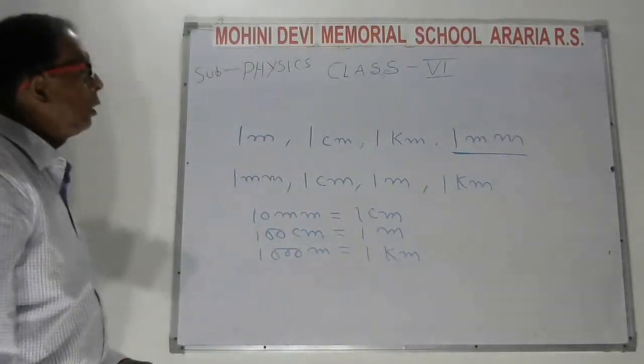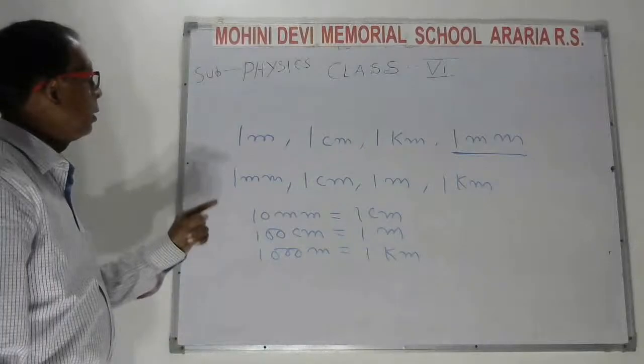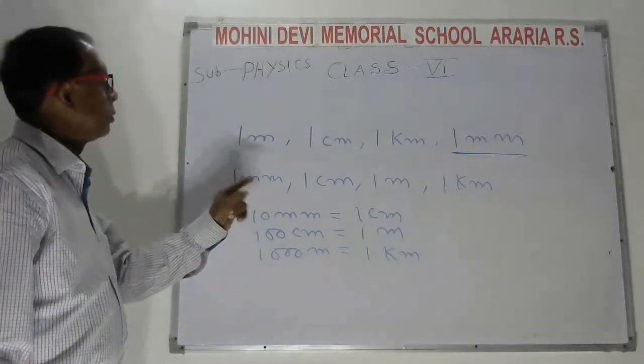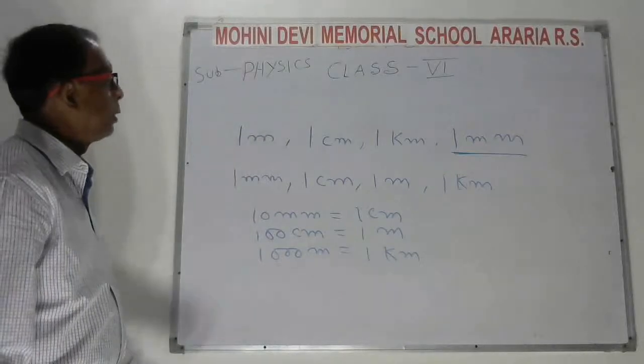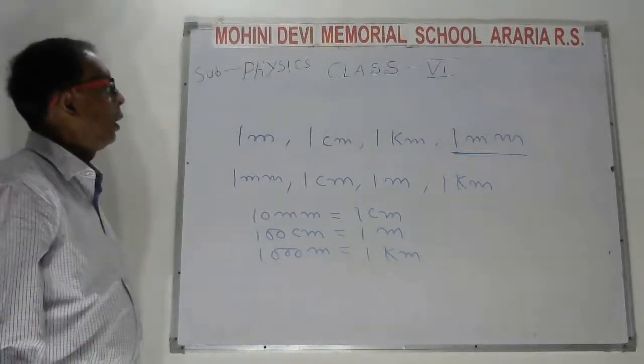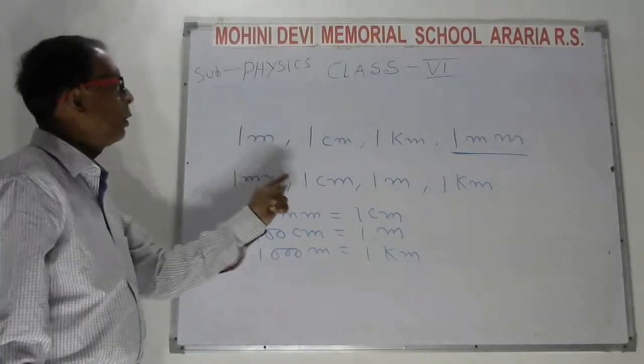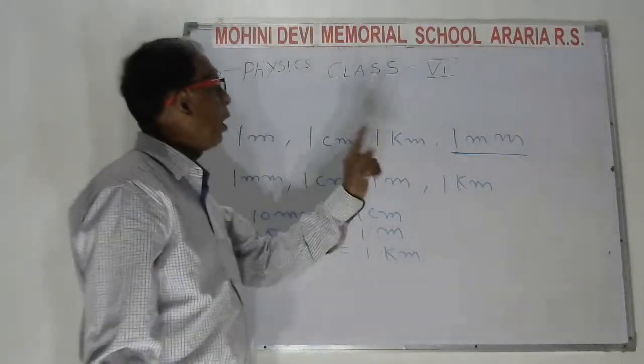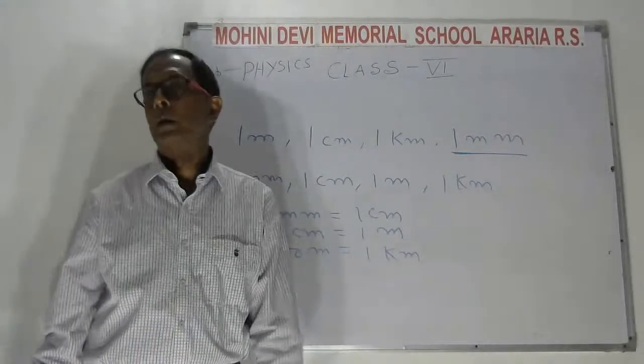Due to this reason, I have written here the millimeter is the smallest, centimeter is 10 times bigger than millimeter, and the meter is 100 times bigger than the centimeter, and the kilometer is 1000 times bigger than the meter.